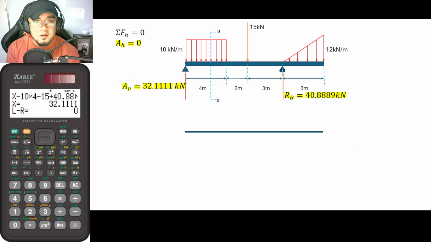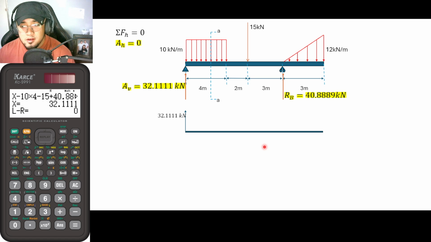Okay? So with that, guys, at that particular portion, it is actually experiencing 32.11 kilonewtons. So at this portion, we have here 32.111 kilonewtons. Okay, so how do we plot for the next ones? Suppose that you're using computer software using the finite element method.